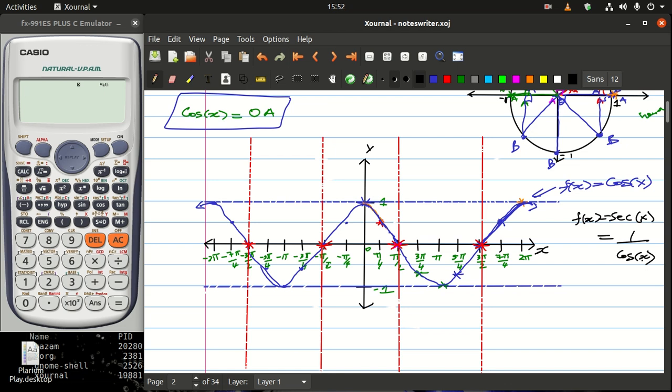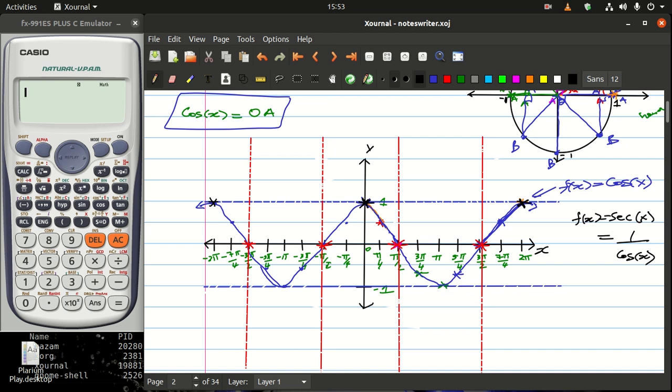Now if cosine of x is equal to 1, then 1 divided by 1 is 1, which means sec x is 1. So whenever cosine of x is 1, which is this point here and that point there, because cosine of x is 1 at those points, then sec of x is also equal to 1. So at these points we expect this function to intersect them.